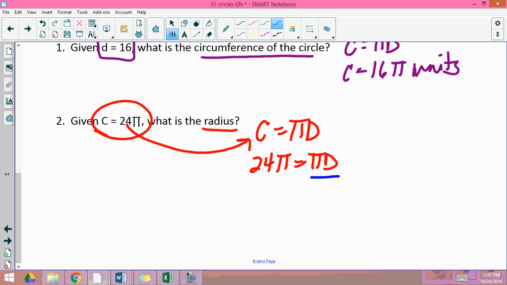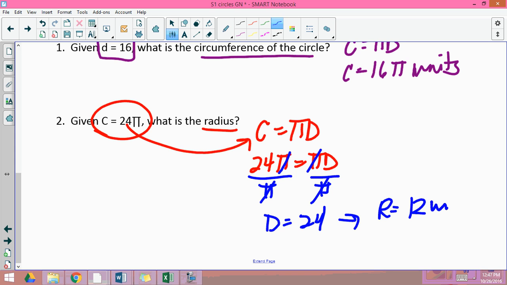Divide by pi, because my diameter is my unknown. Pi divided by pi cancels. My diameter is 24, so my radius is 12 units. That makes pretty easy work of those kinds of problems.